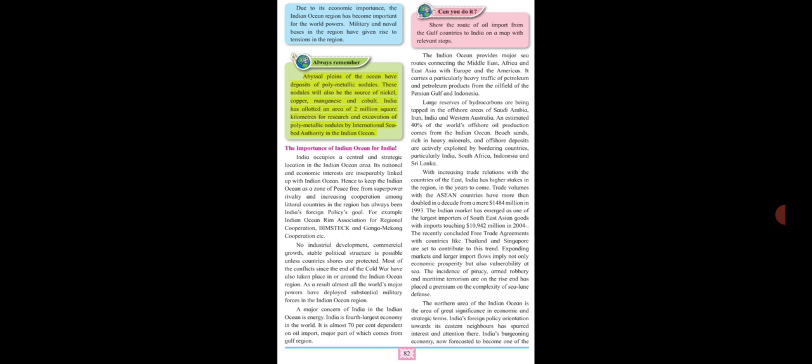You all have seen nowadays our Prime Minister is working with our neighboring countries, and he's having a lot of pacts and contracts being signed, which could lead to economic development of our own country. For example, the Indian Ocean Rim Association for Regional Cooperation, BIMSTEC, and Ganga Mekong Cooperation.